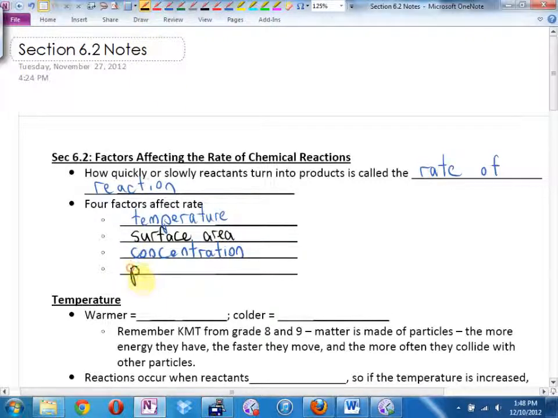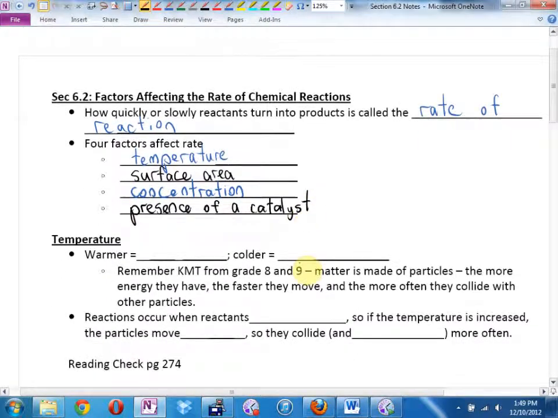And the presence of a catalyst. These are the 4. Temperature, surface area, concentration, and presence of a catalyst.